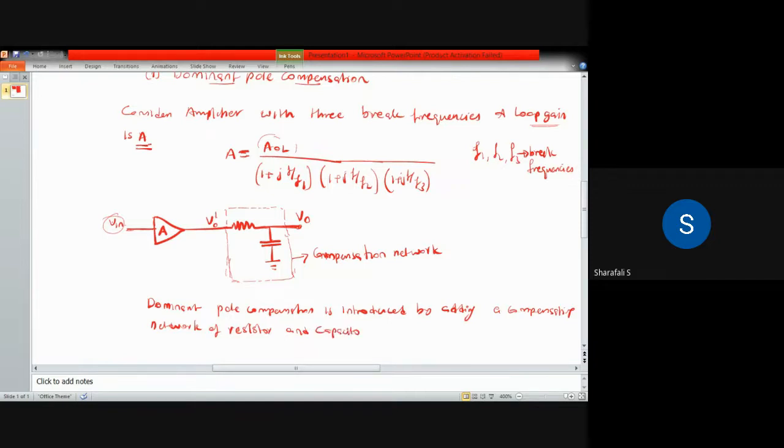We have to add this particular network to your op-amp configuration. Then your circuit will be compensated under dominant pole compensation.